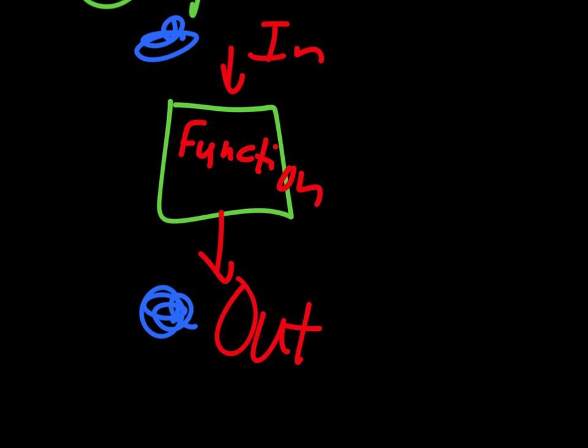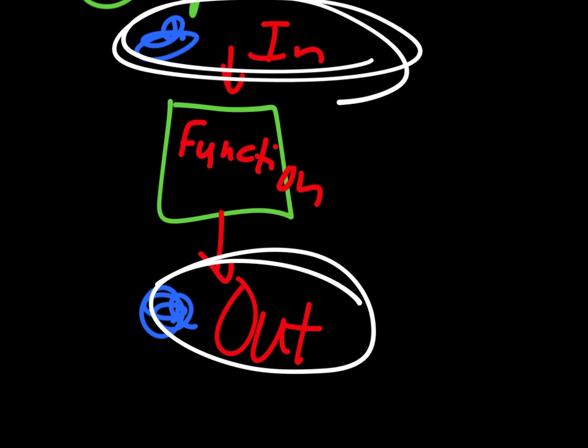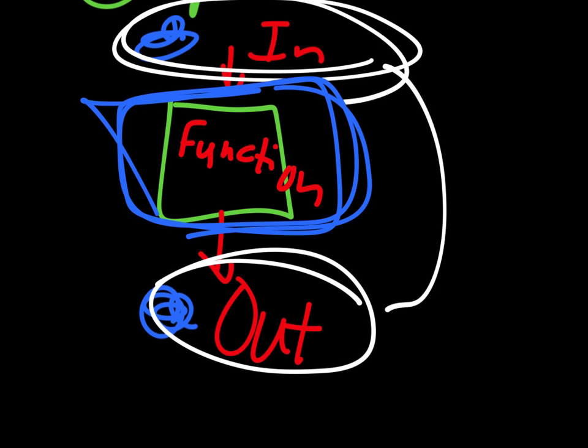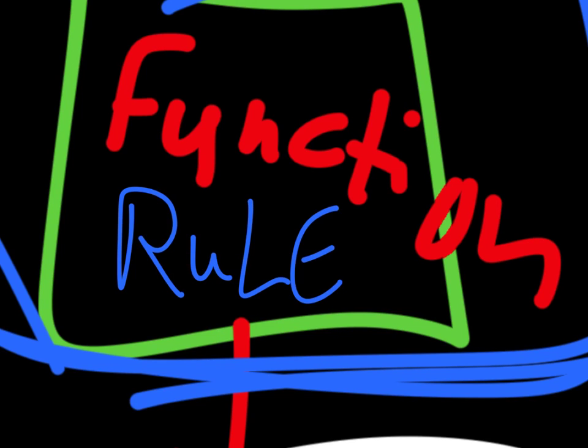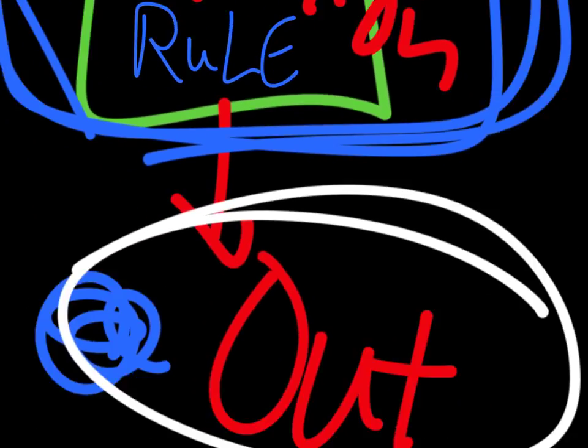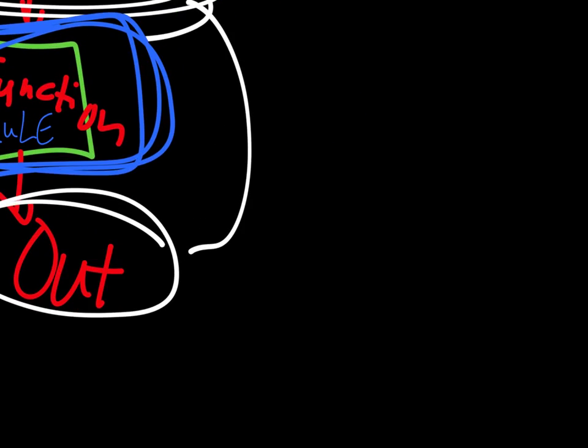So writing a function rule. Basically, we're going to be given the in and the out, and when we're given this and this, we will be able to find this right here. This is going to be called a function rule. Okay, so let's examine this.